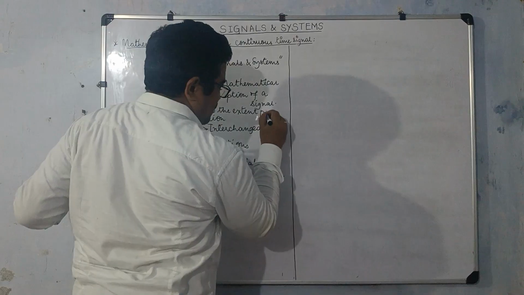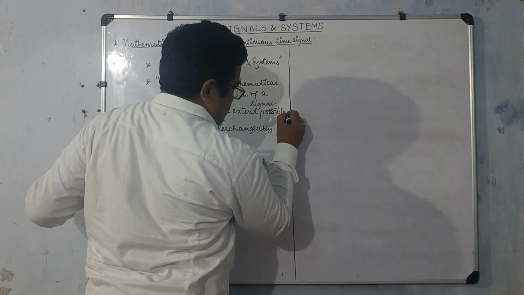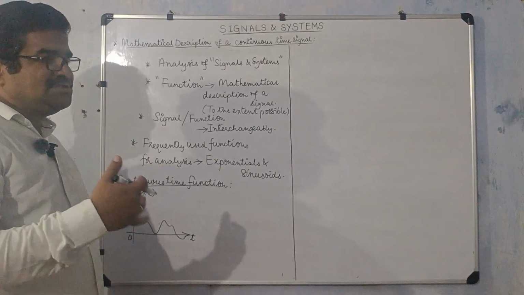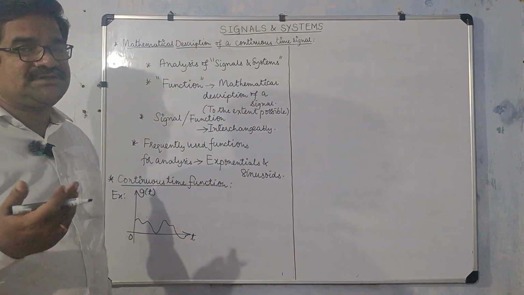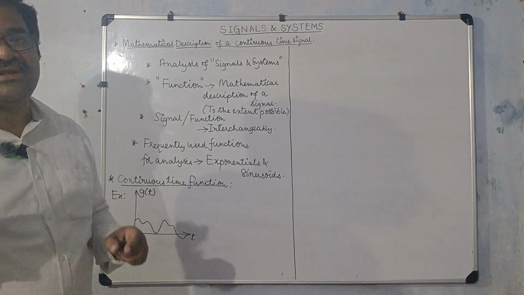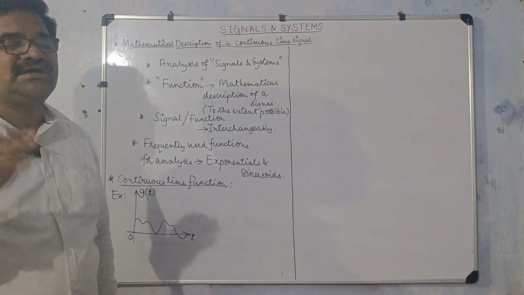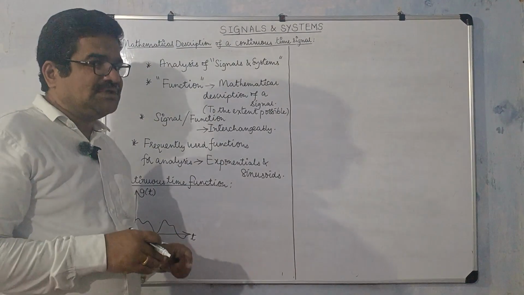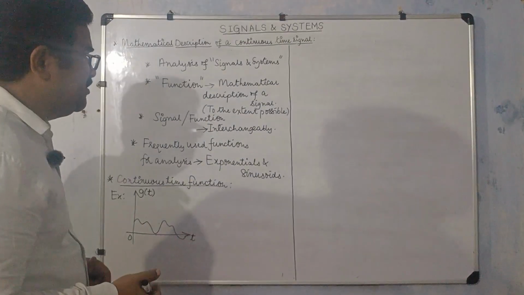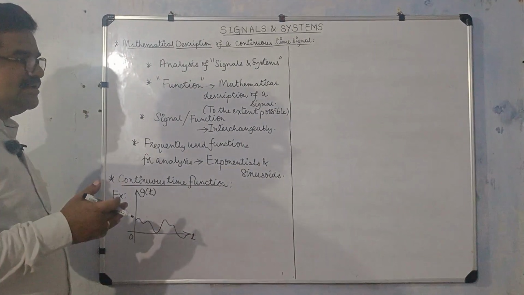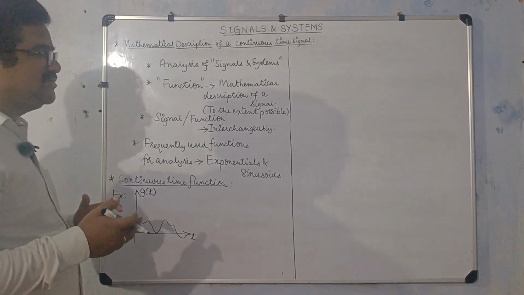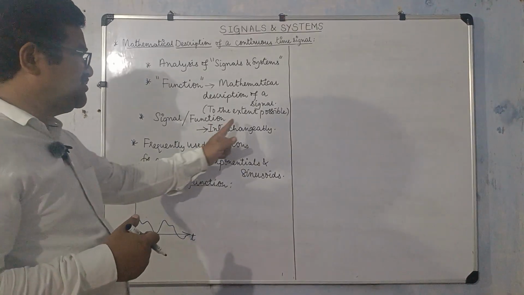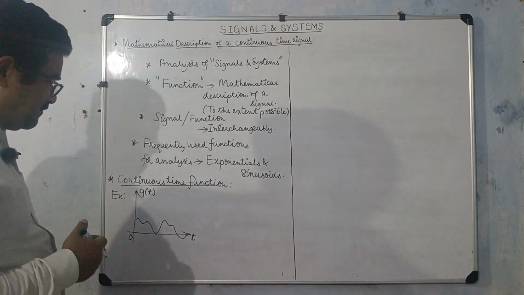Some signals may vary with respect to time in such a way that I cannot write the mathematical expression or the function for that particular signal. But to the extent possible, we can try writing the mathematical expressions or functions for the signals. That is what is meant by to the extent possible.